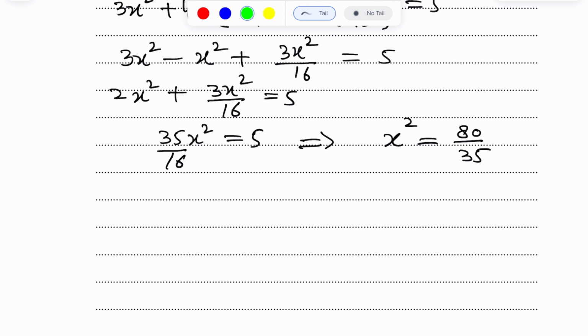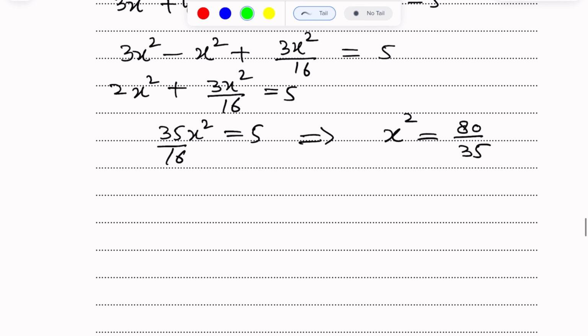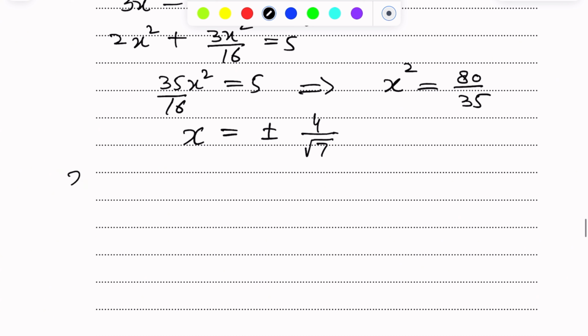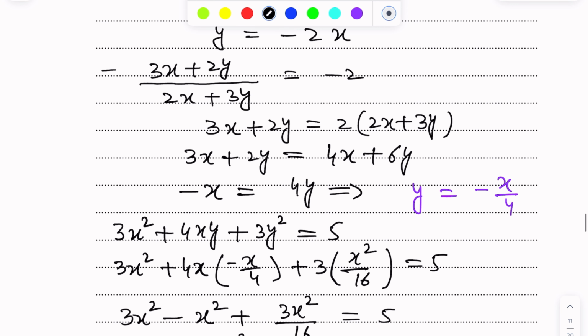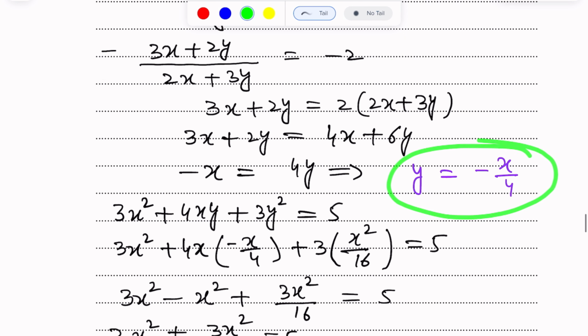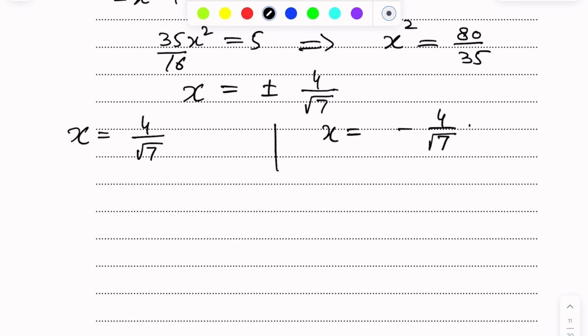Now we take the square root of each side and we get two values of x. x is equal to plus minus 4 over root 7. This means x is equal to positive 4 over root 7, or x is equal to negative 4 over root 7.